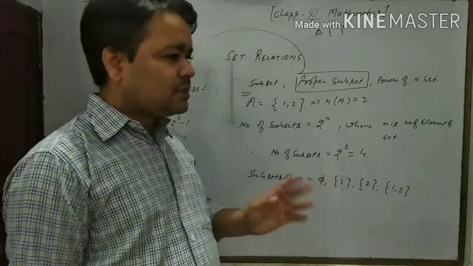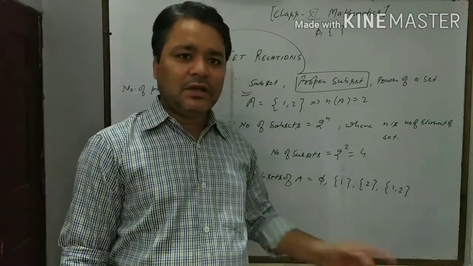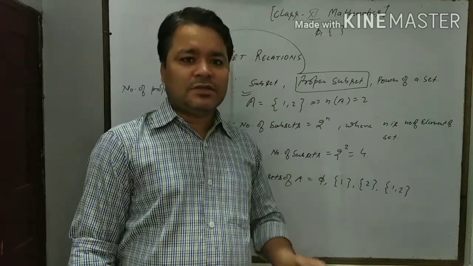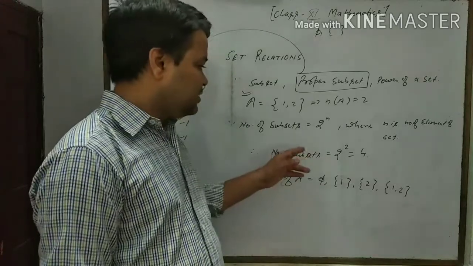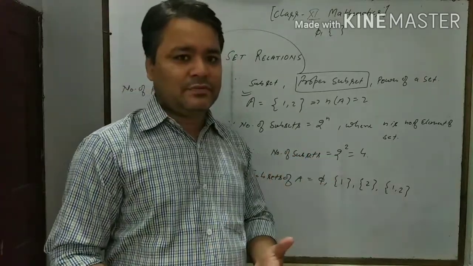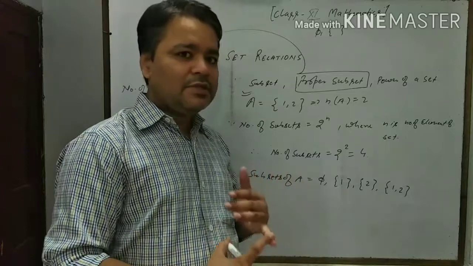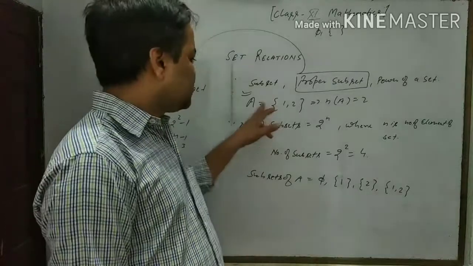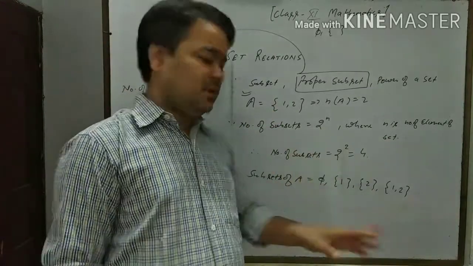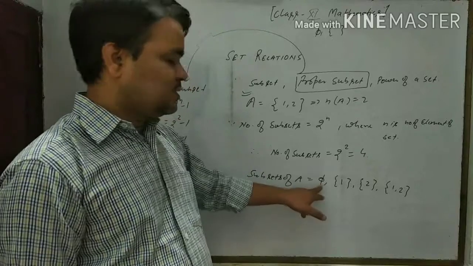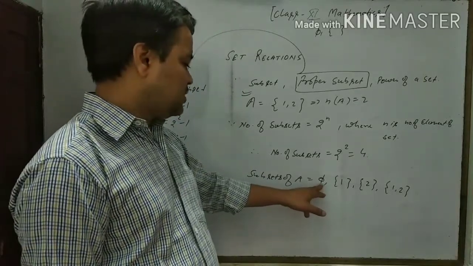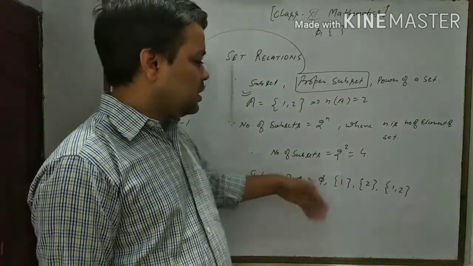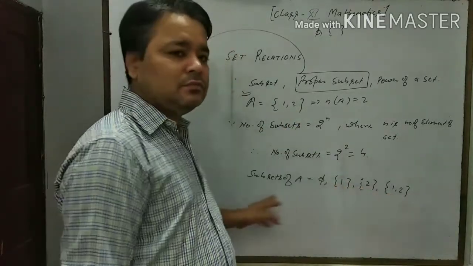First, the empty set is a subset of all sets. And the second thing, the set is a subset of itself. Here I use this concept. Phi is a subset of each set, therefore phi is a subset of set A also, and set A, which is {1, 2}, is a subset of itself.